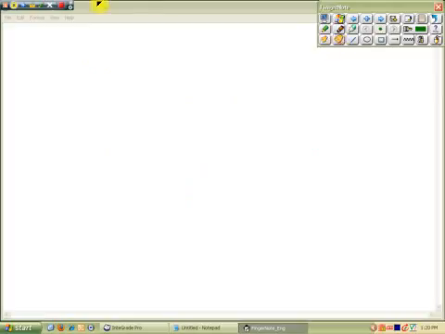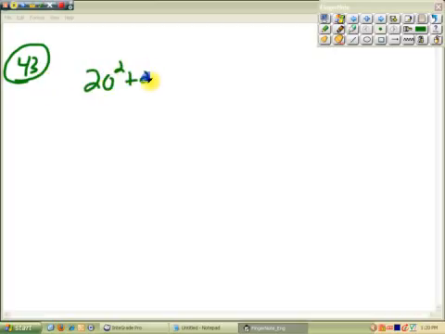Number 43. Okay, this time they're giving us three sides. They want to know which one is a right triangle. What you do for all three of these is you plug them into the Pythagorean theorem, and whatever one works, this equals 29 squared, will be a right triangle.